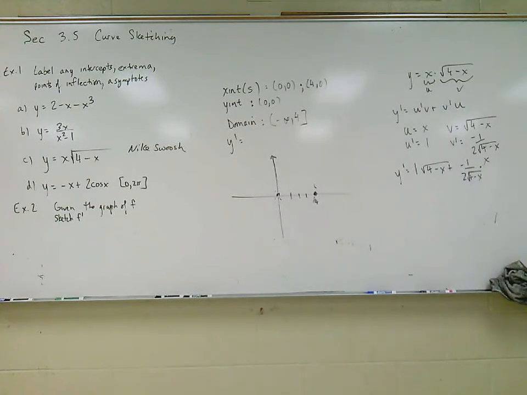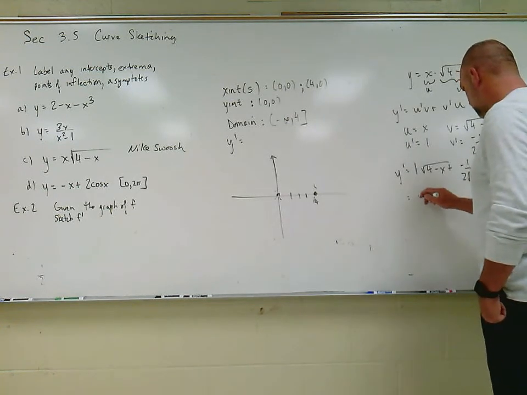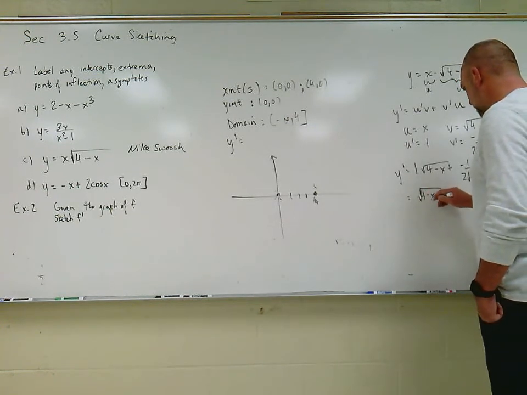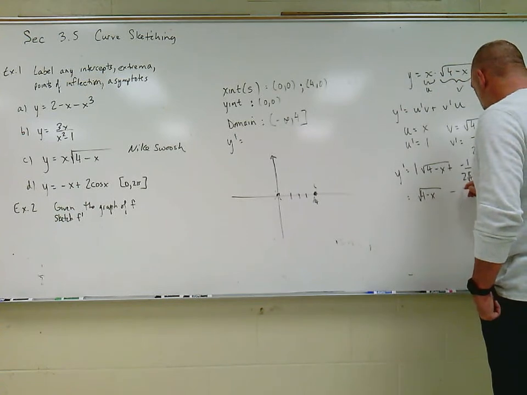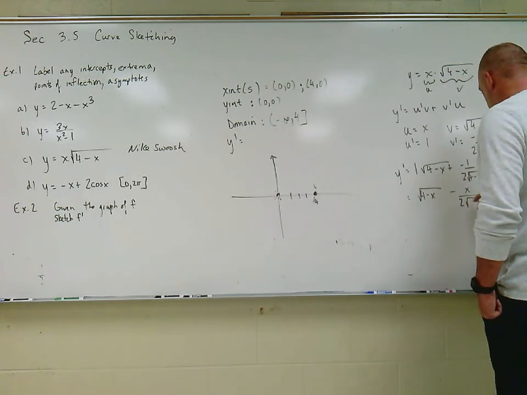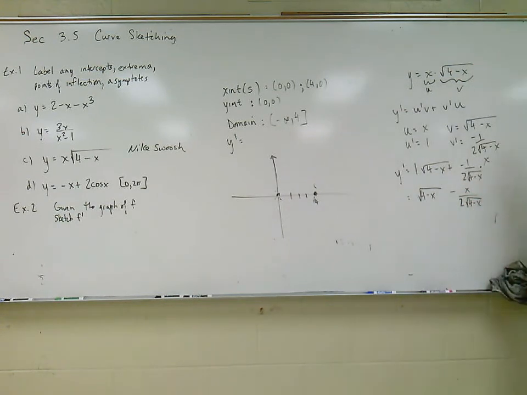Okay. So this was my hint to you. My hint was, don't leave it as separate fractions. 2 things you don't want to do is leave it as separate fractions or have a negative exponent. So I turned this plus or minus into a subtraction, and I can see that the common denominator has to be 2 square root of 4 minus x. And what's nice about that is now your numerator will not have a radical in it.